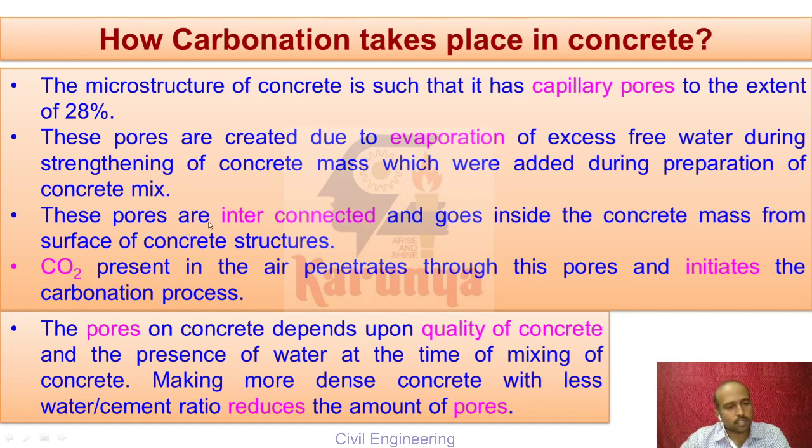Finally, it starts the corrosion process, which will lead to strength reduction of the structure. These pores are interconnected and go inside the concrete mass from the surface of the concrete structure. Being interconnected, they lead up to the reinforcement. Finally, cathodic and anodic reactions are formed on the reinforcement, which lead to corrosion.